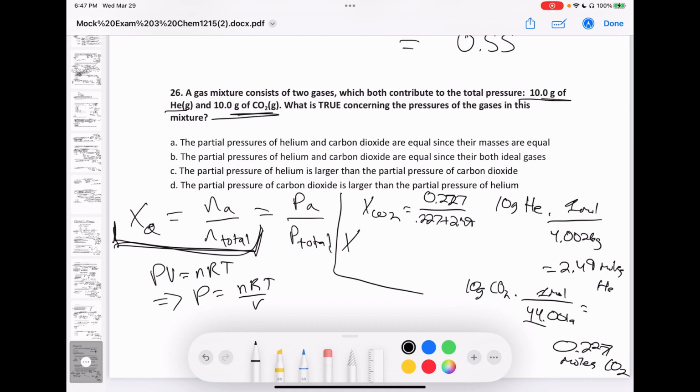But if you look at chi of helium, you get 2.49 over 2.49 plus 0.227, which is going to be larger than this. So you know that they don't have the same partial pressures. So you can automatically cancel out B and A.